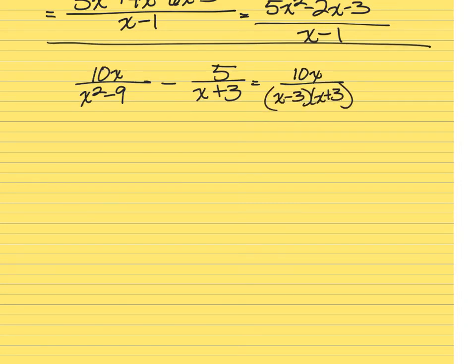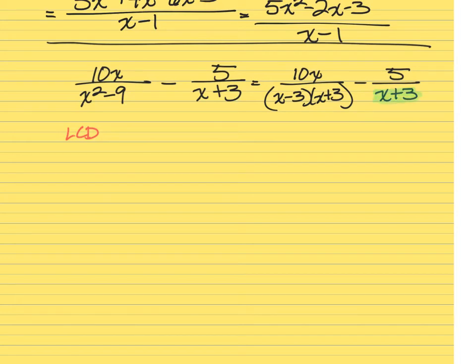So x squared minus 9 needs to be factored. We factor it into x minus 3 and x plus 3, minus 5 over x plus 3. Okay. Now we're ready to find the common denominator. You look at the denominators you have, now that everything's been factored, and you notice I have an x plus 3.